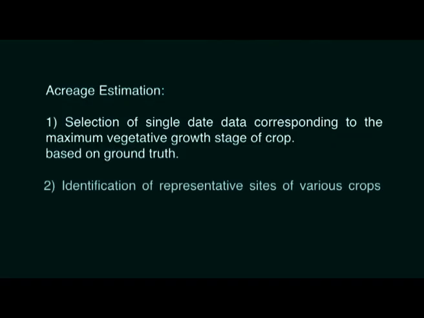Then, identification of representative sites of various crops and their heterogeneity on the image based on ground truth. Just by looking at the images, we cannot exactly say that this area is covered by this particular crop. For that, ground truth verification or field verification is also necessary.